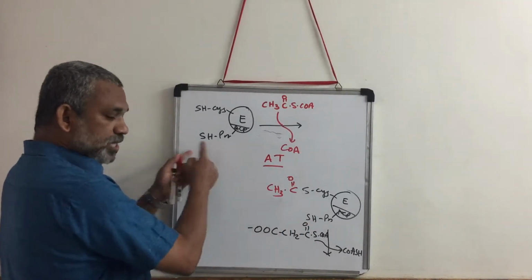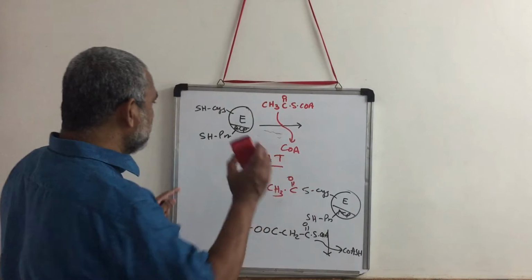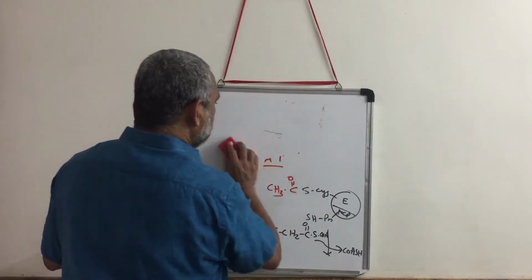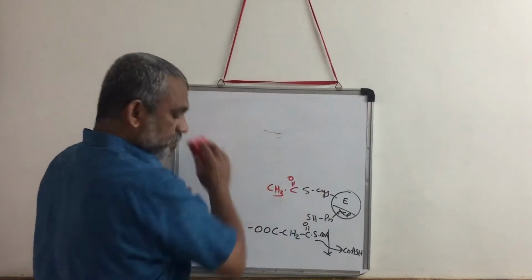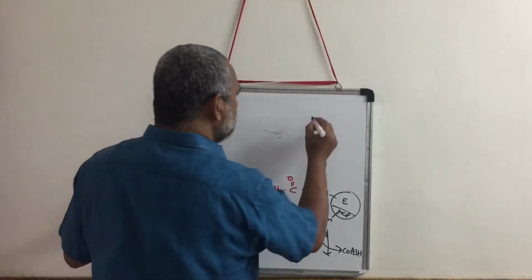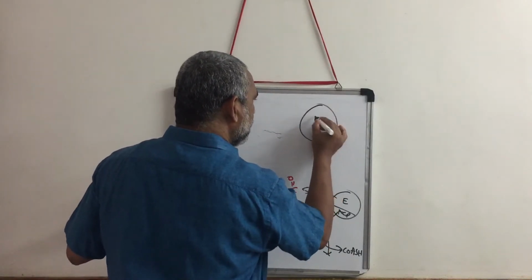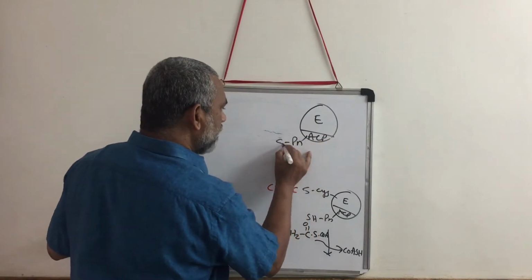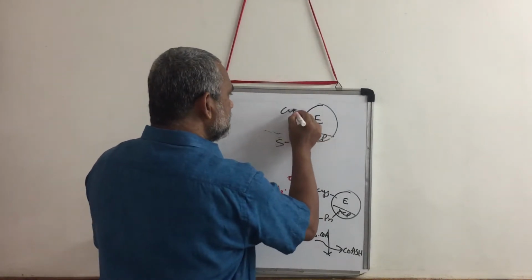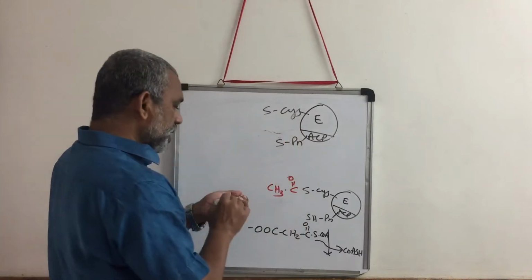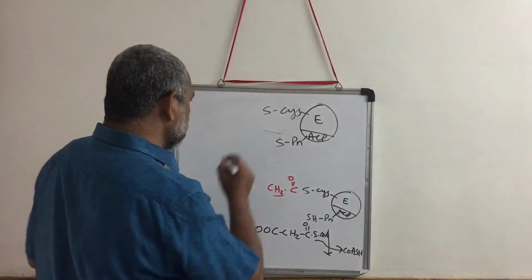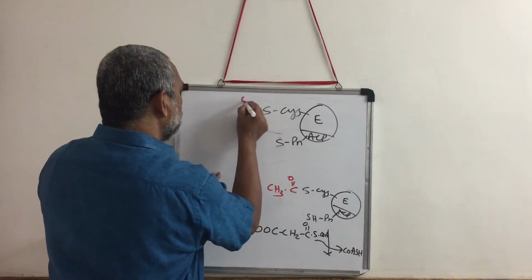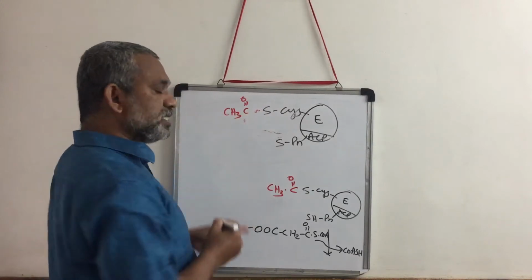So let us draw the structure in the top figure. This is the enzyme, this ACP, 4' phosphopantetheine, S is there, this is cysteine, and there the acetyl group is attached, CH3 is attached.